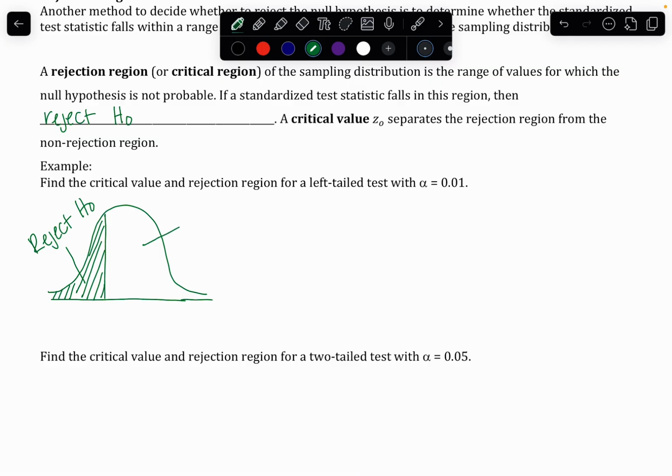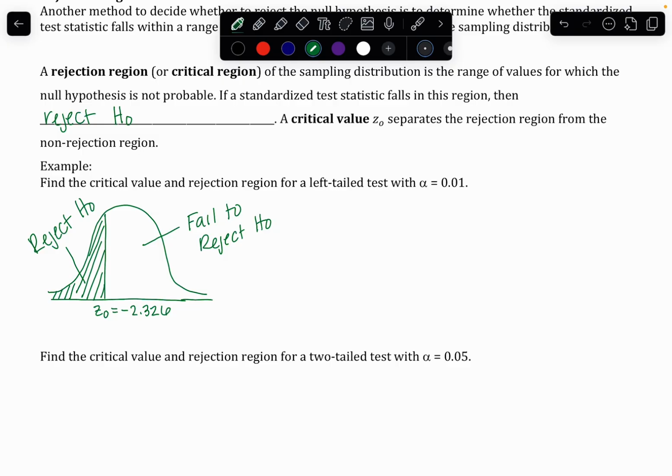This unshaded region is where we're going to fail to reject the null hypothesis. And that critical value, z sub 0, is negative 2.326. We got that from the infinity row of table 5.